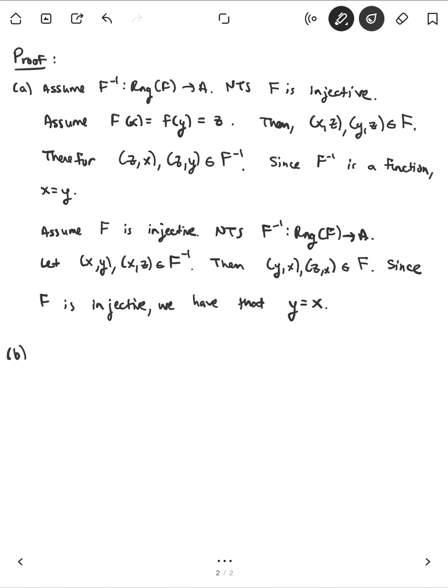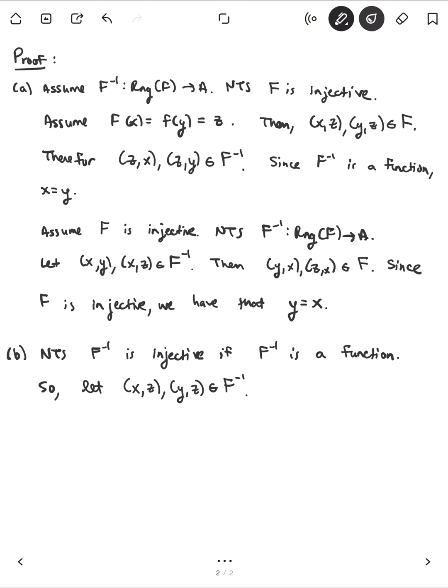Okay, part B. So part B says that if f inverse is a function, then f inverse is one-to-one. So need to show f inverse is injective if f inverse is a function. So let (x, z) and (y, z) both be elements of f inverse.